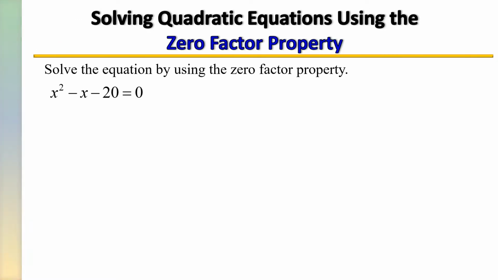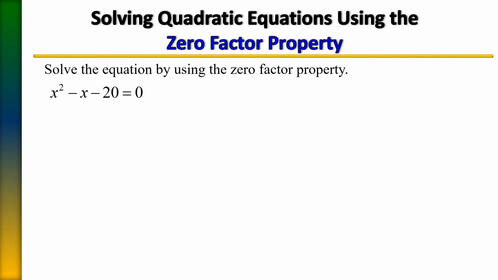In this example, we're asked to solve the equation by using the zero factor property. Step 1 is to make sure that the equation is in standard form. Recall, standard form is where your square term is first, so degree 2, degree 1, then your number, all on the left side, and 0 on the right side.